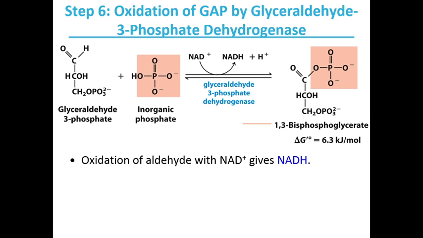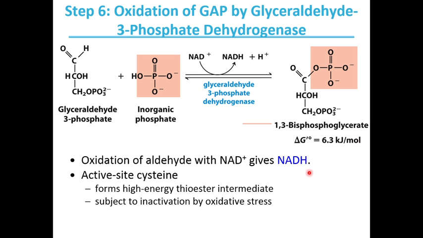Other important points: the oxidation of the aldehyde with NAD+ gives NADH. So the aldehyde is oxidized to this phosphoglycerate molecule, and in this process, NAD+ is reduced to NADH. There is an active site cysteine which acts as a nucleophile in the enzyme glyceraldehyde 3-phosphate dehydrogenase.